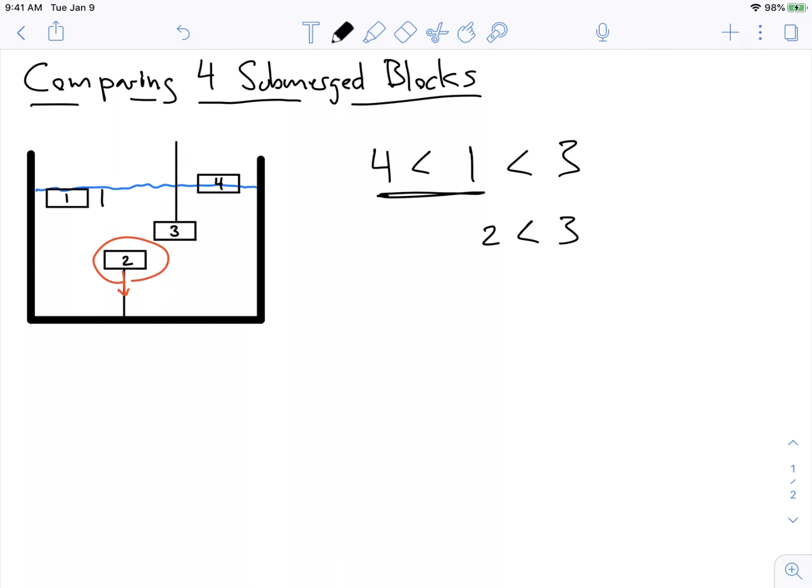It could rest right here and be equal to block 1, or it could float all the way up and be even lighter than block 4. We just don't know. So we know that it's less dense than 3, but we don't know how it fits in with blocks 1 and 4.